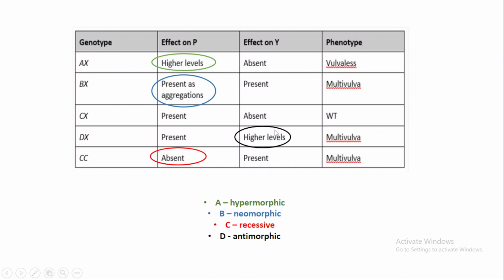D is antimorphic. Now that I see it, Ajay's argument looks kind of valid, because higher levels of P will effectively reduce the level of Y, right? That's why you have answered A, I think. And then we have a phenotype.